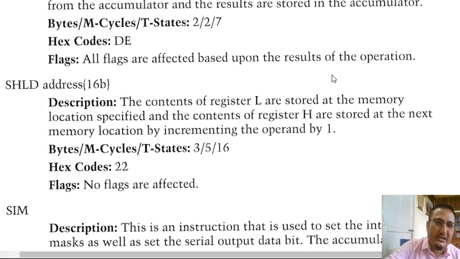So the SHLD instruction on execution stores the content of register L to the address location specified, and the content of register H to the address location obtained by incrementing the memory address by 1. It requires 3 bytes, 5 machine cycles, and 16 T states. The respective hex code is 22, and none of the flags are affected.